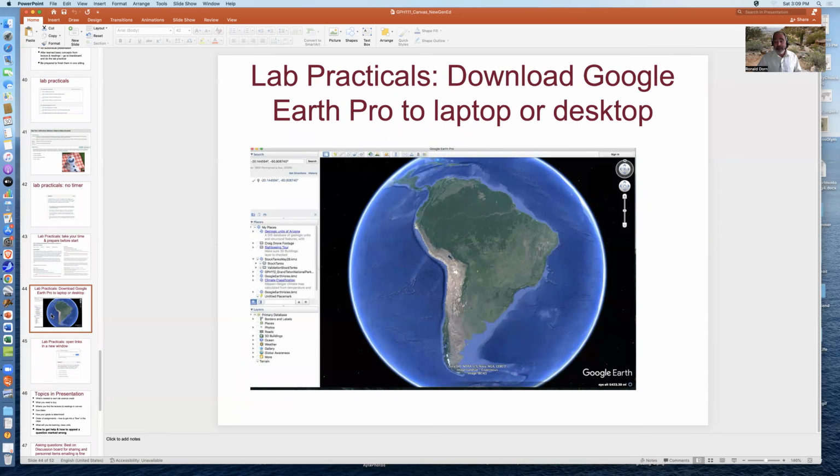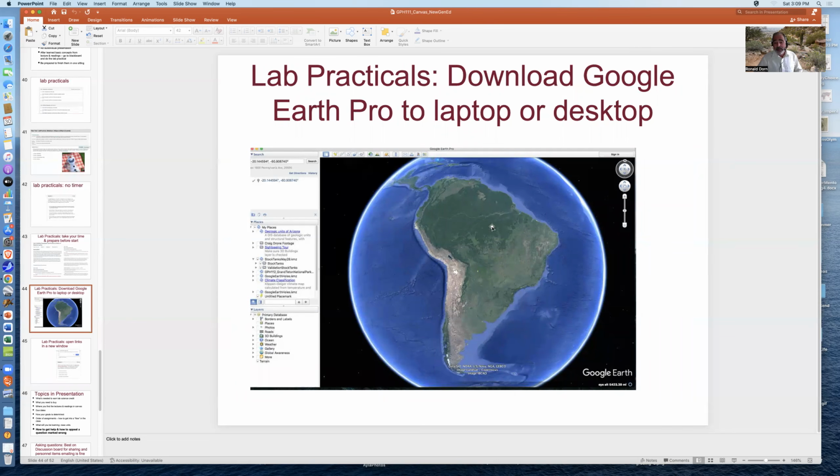Some of the lab practicals use Google Earth. I like for you to download Google Earth Pro to your laptop or desktop computer. I think it works best. Plus, if you look in the lower right-hand corner, you can see the eye altitude, which some questions refer to.